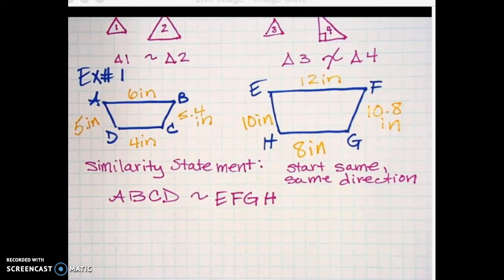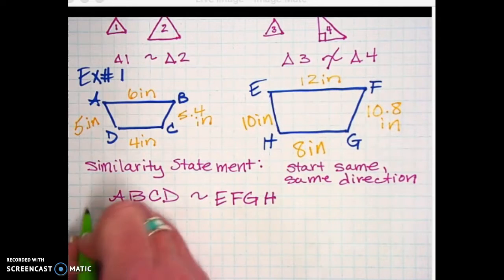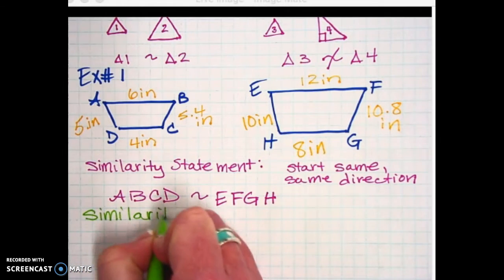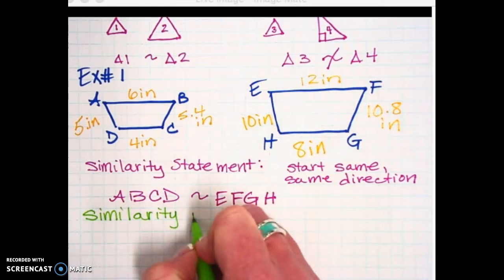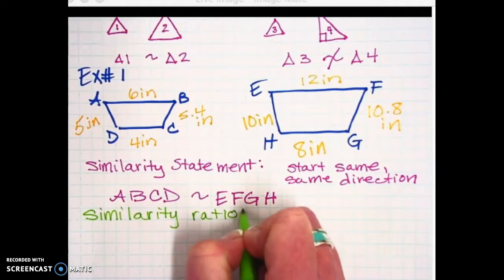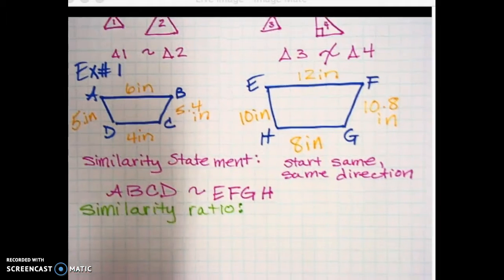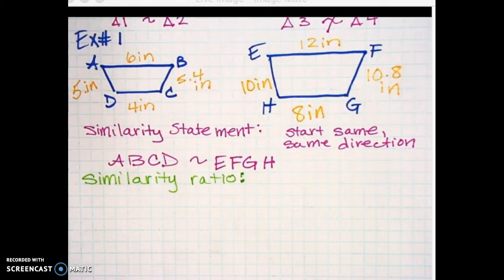The next thing we're going to talk about is getting the similarity ratio. And so this is going to end up coming out a little different than what we just talked about.